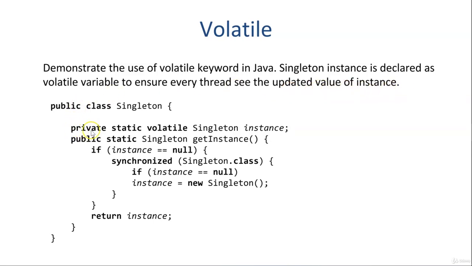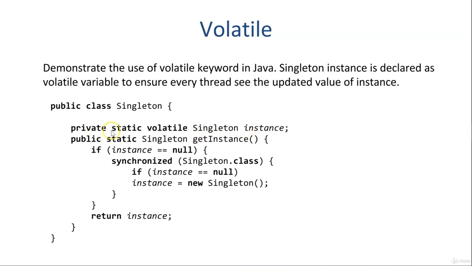So here you have a private static volatile Singleton instance. If we have two threads operating and trying to get this instance variable and reading it to see if it has changed, they will make a local copy of this instance variable, and there is a good chance that the change is not reflected in their local copy.